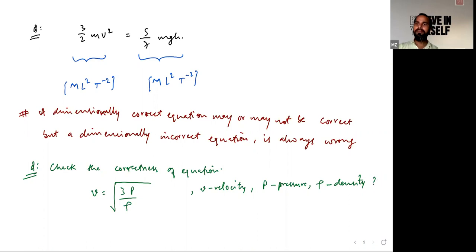Try to solve. Square root in terms of exponent can be written as power half. Try to solve, everyone. Whether this expression is dimensionally correct or not.